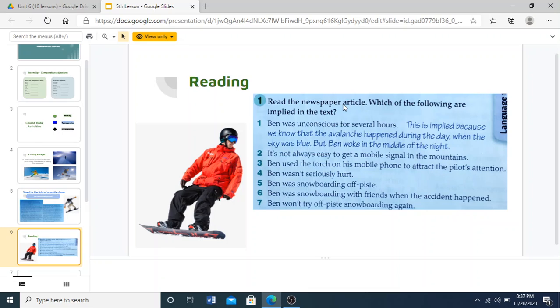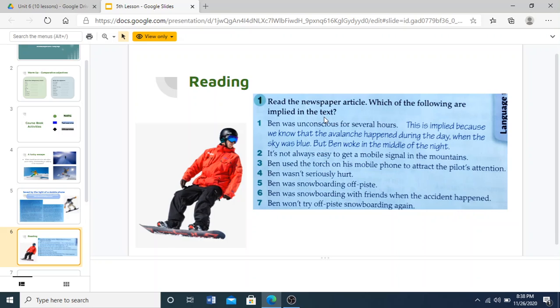So, read the newspaper article. Which of the following are implied in the text? If it is implied, you say it is implied, and if it is not, you say it is not. But if it is implied, then you give the meaning, or why you think it is implied.